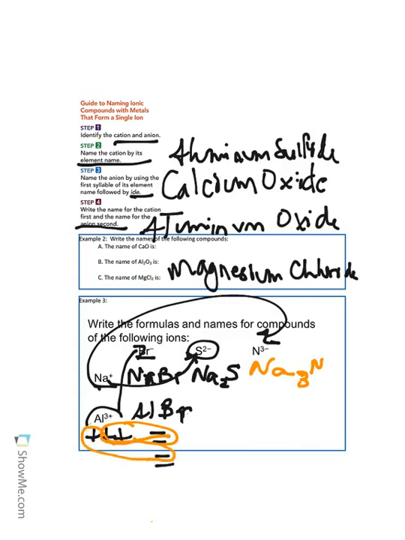That cancels. So we need another set of positives. 1, 2, 3. And then, of course, we need one more set of negatives. So what do we have? We have Al2S3, and the name would be aluminum sulfide.